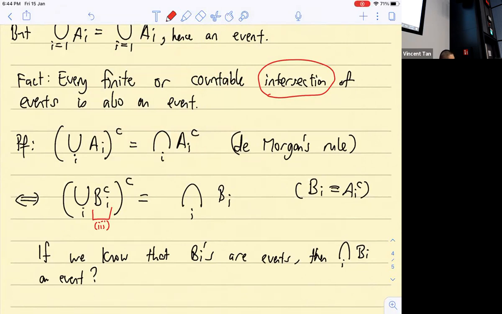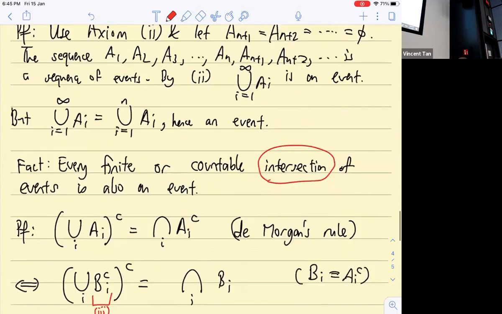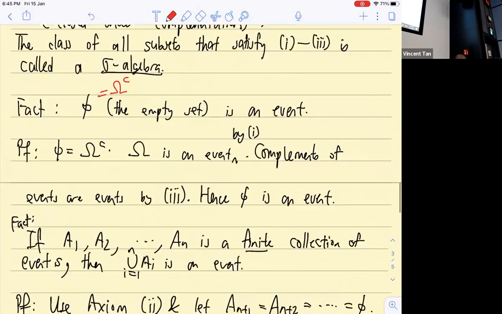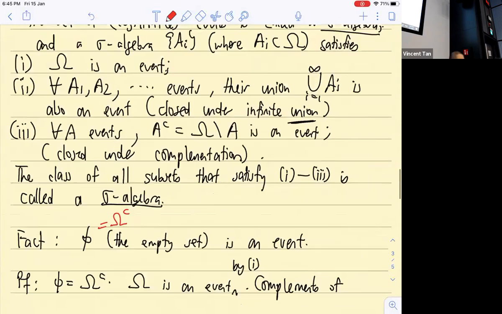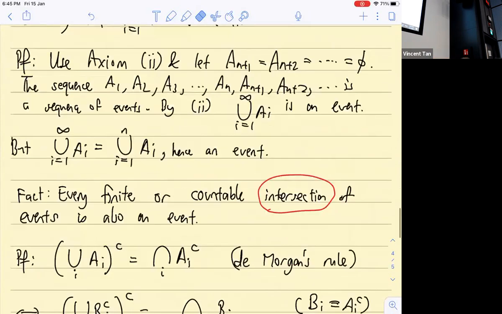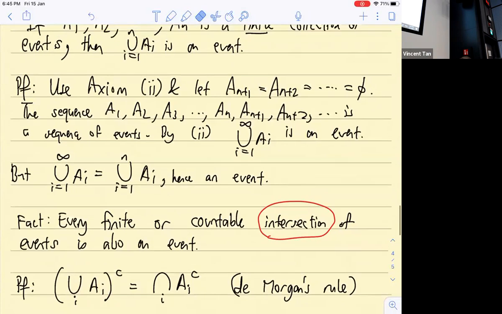Now, unions, part 2, I guess. I cannot remember which part. Unions, part 2 says you are an event. And this countable infinite union is an event. We proved in one of the facts that finite union is also an event.